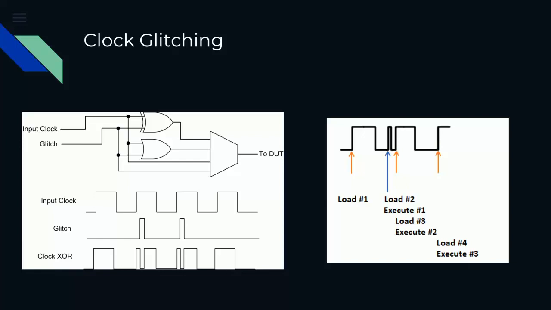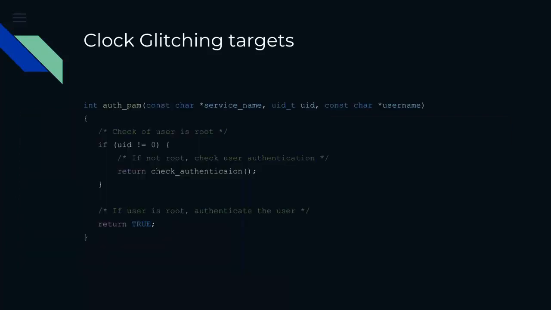So basically on the right, you load the first instruction, then try to load the second instruction, and because the clock was very short, the processor couldn't execute the first instruction. So you jumped one instruction, and that can result in, for example, this code.